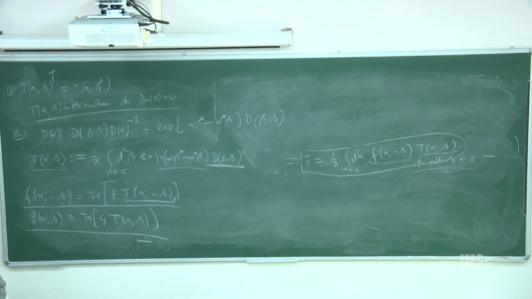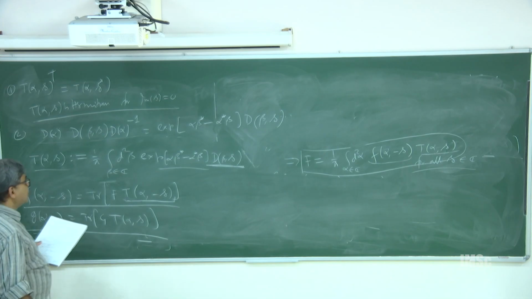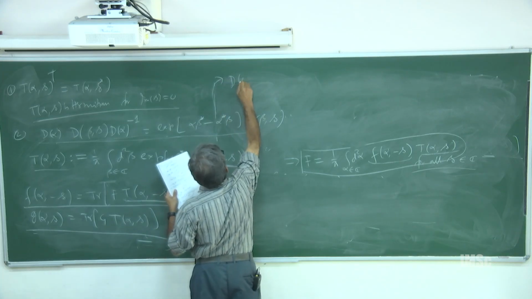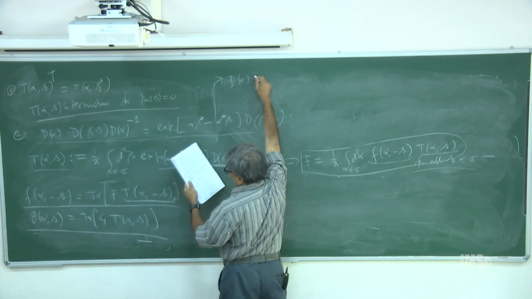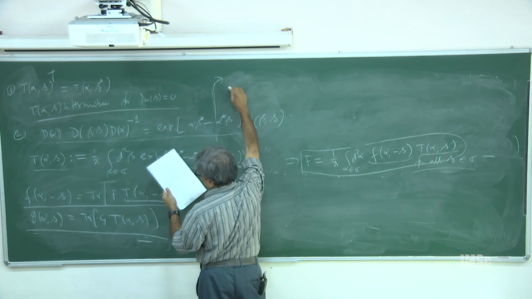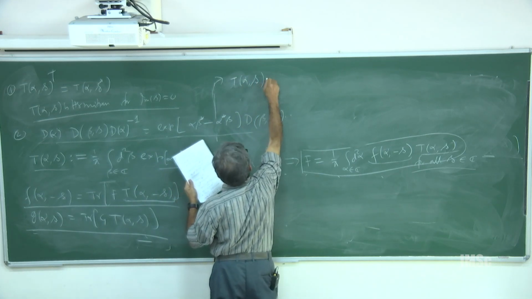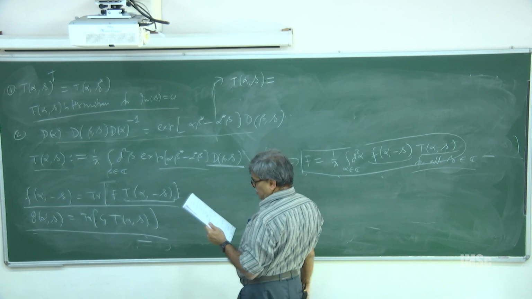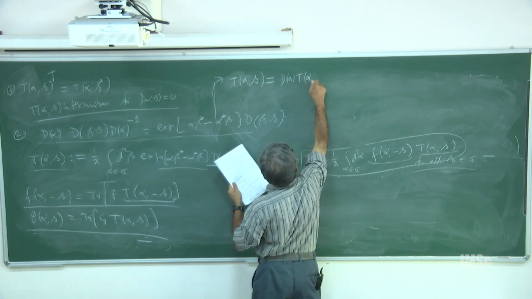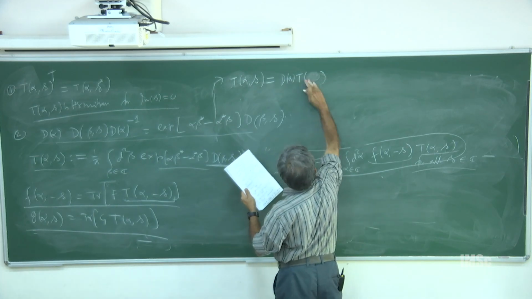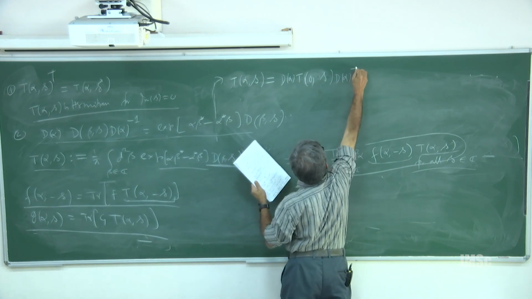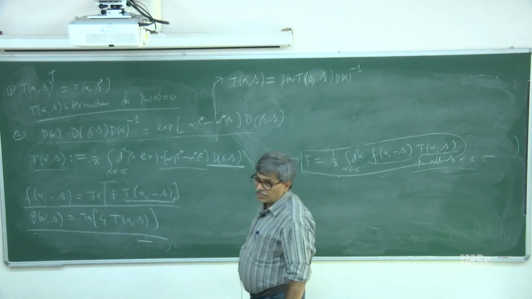So, now this is your property, and using this you can show, and this is very important, that T of alpha s is equal to d of alpha T of 0 s d of alpha inverse. How will you prove this?